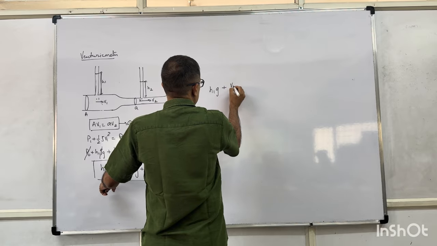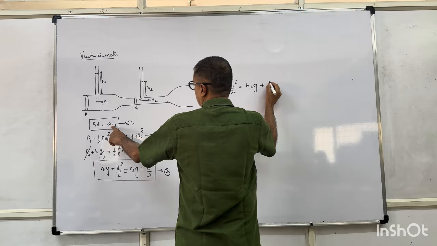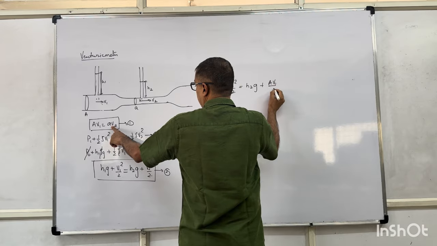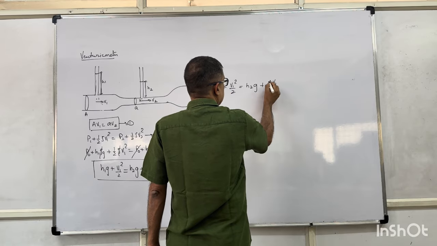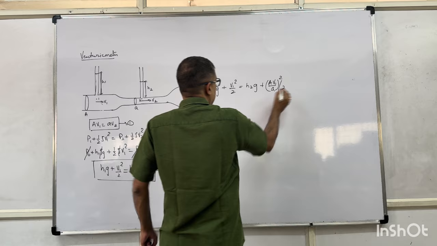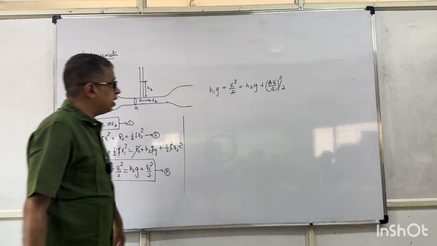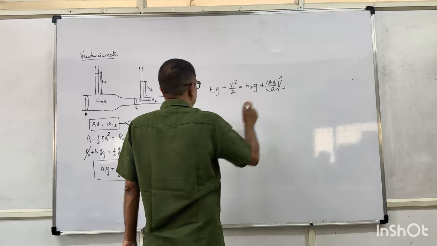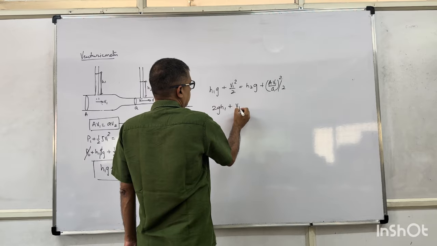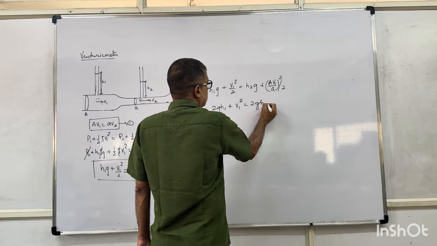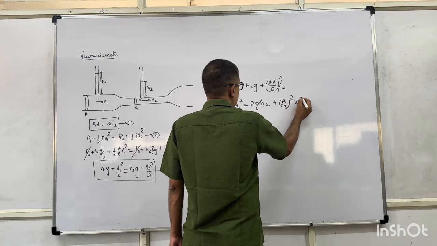H1 g plus V1 square by 2 is equal to H2 g plus V2 square by 2, where V2 is A V1 by small a, whole square by 2. Multiply all throughout by 2. 2gH1 plus V1 square equals 2gH2 plus A by a whole square V1 square.